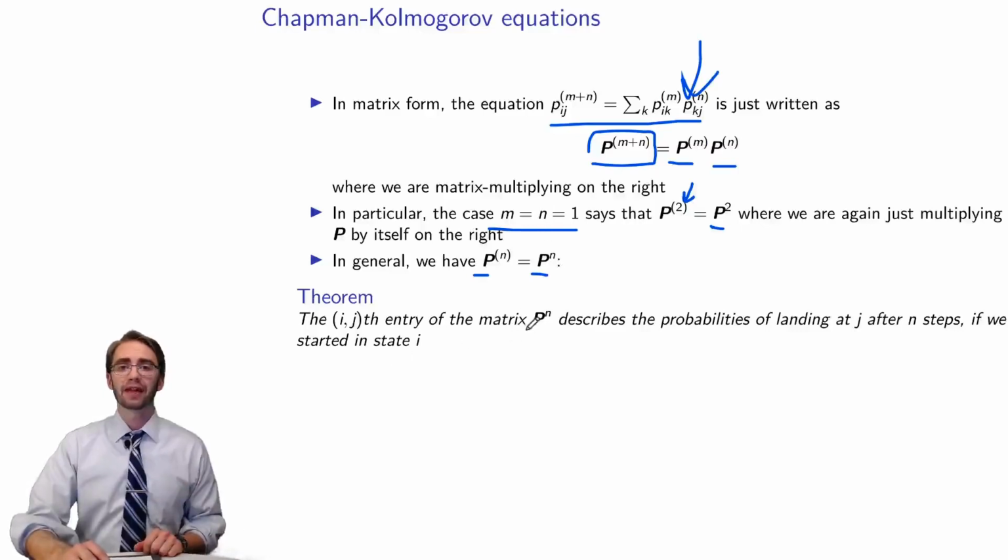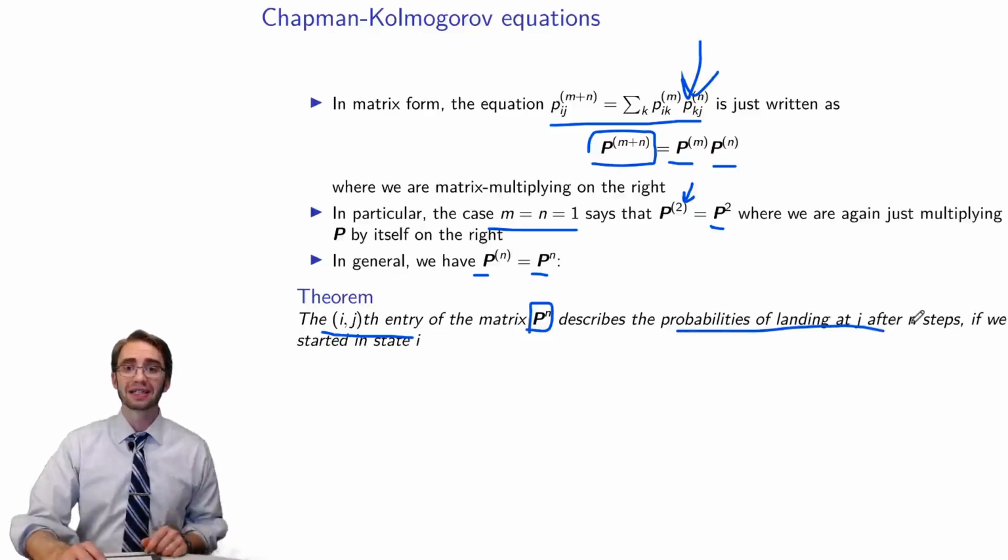They tell you that if I take matrix P, the Markov matrix, and take it to the nth power, just multiply it by itself n times, then the entries of that describe the probabilities of landing at these various states after n steps. So let's do some examples of that.